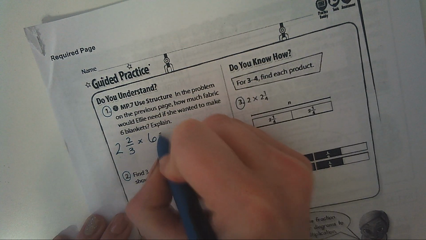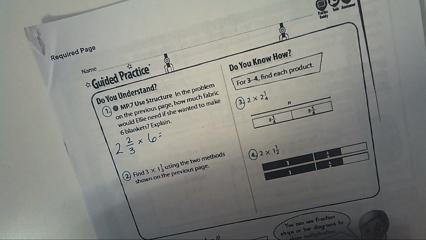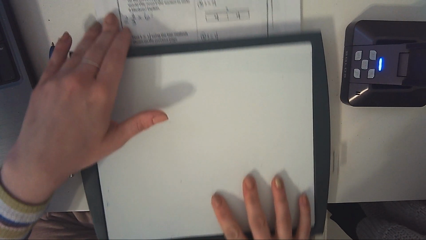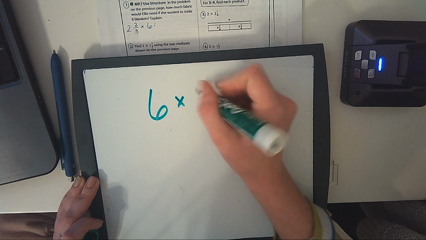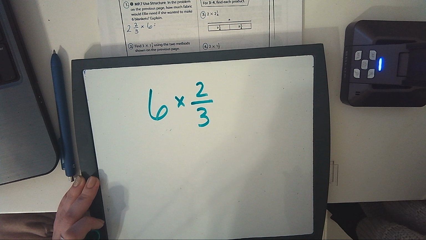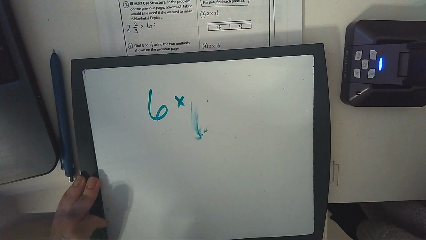And I'm going to be using the commutative property when I write it on my whiteboard because I would rather write 6 times 2 and 2/3 to follow the structure of how I've been showing the equation. The commutative property says that we can switch around the numbers that we're multiplying and we will still get the same answer. So I can write 6 times 2 and 2/3, and it's the same thing.